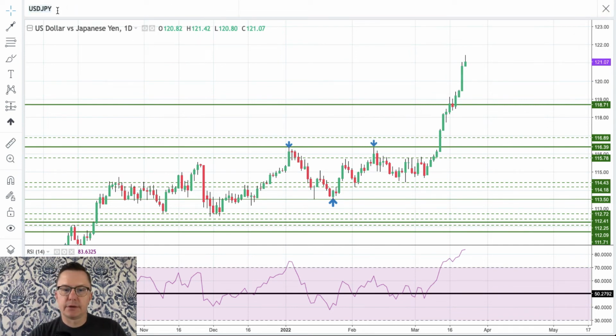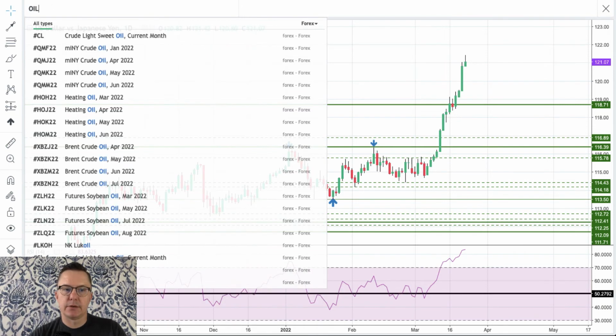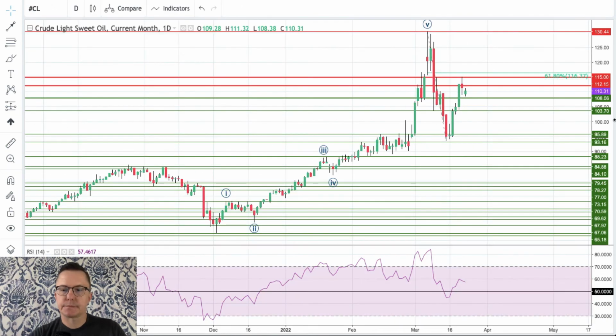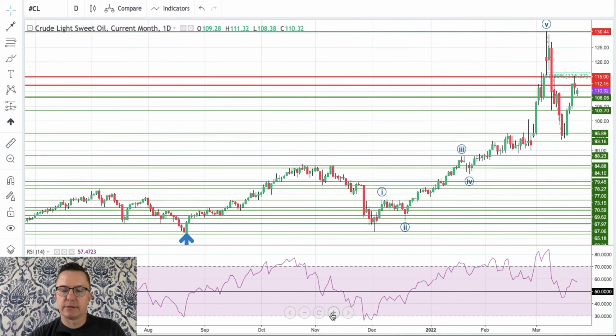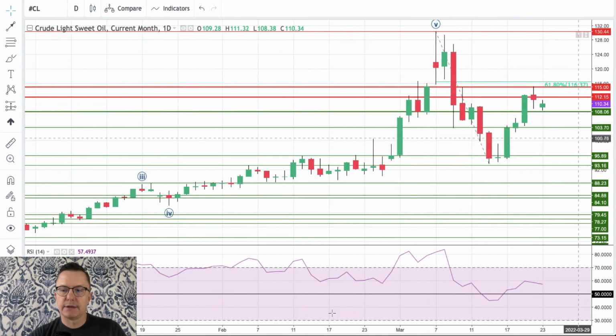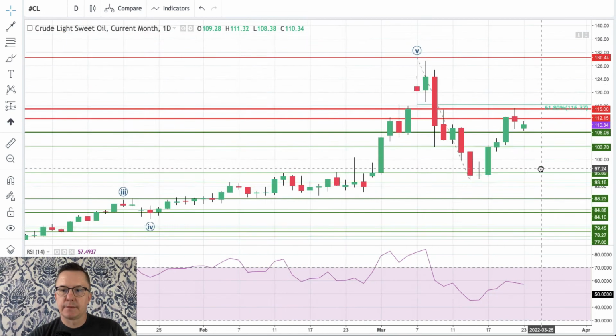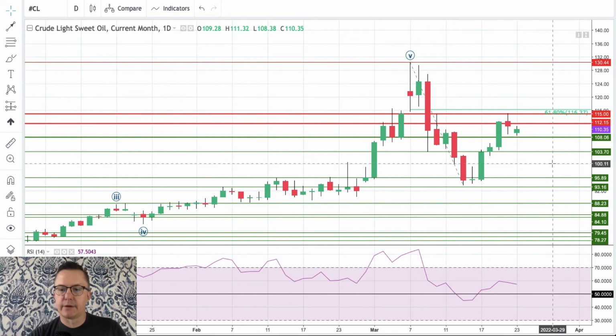Because of the crude oil inventories, let's take a look at oil. So oil had completed wave 5. It looks like we are now in a corrective decline towards the level of 108.